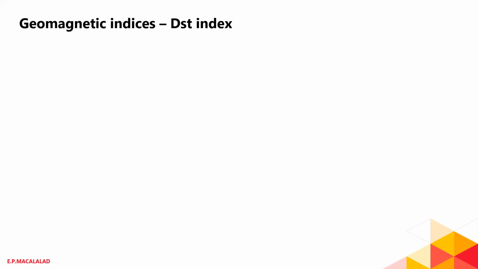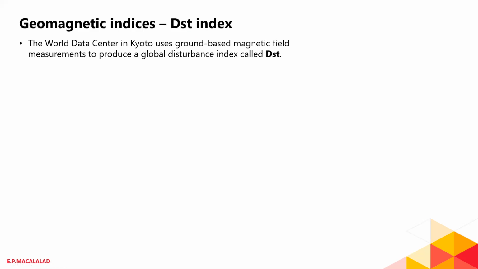One of which is the geomagnetic index called the Dst index. Dst means Disturbance Storm Time index. So this is a disturbance in the magnetic field of the Earth. This is produced by the World Data Center in Kyoto, Japan, that uses ground-based magnetic field measurements, or ground-based magnetometers.